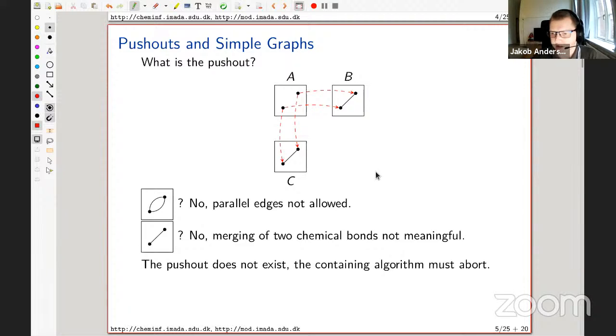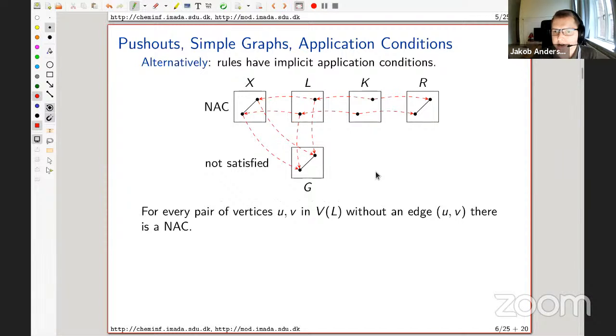There's no defined result. If we connect a bit to the literature, then a cleaner way, in a sense, to view it is that we implicitly have on every single rule, for every pair of vertices in the left-hand side that are not connected, and where an edge is created in the right-hand side, an application condition that rules out that there should be an edge already.